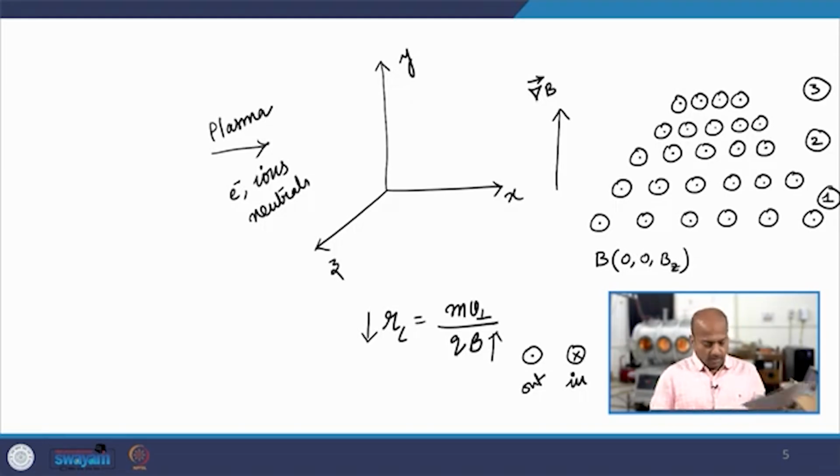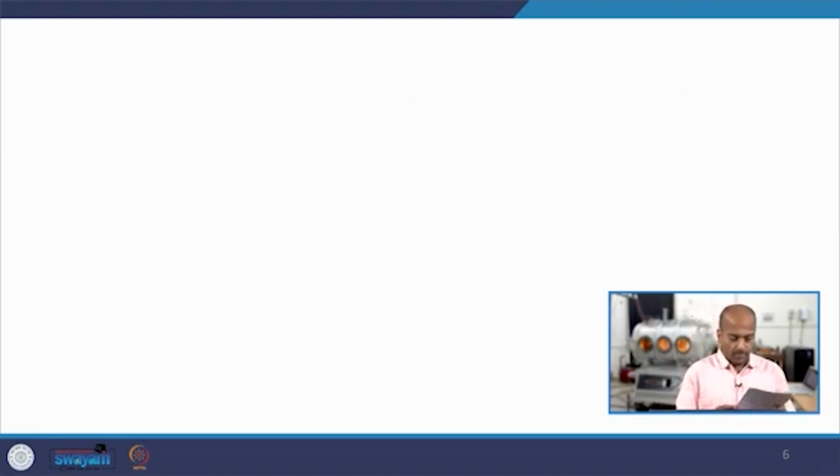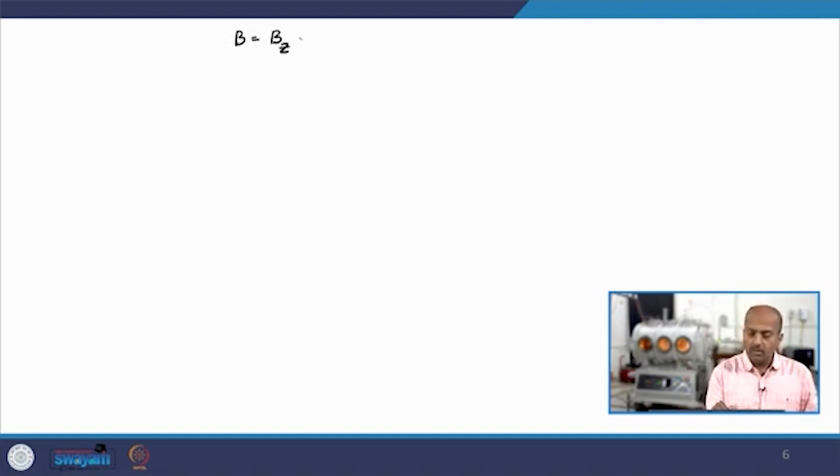So, let us see how we can include all this. Okay. So, we assume the magnetic field to be B_z along z cap, and the gradient of magnetic field is, let us say the magnitude is del B, which is along j cap.